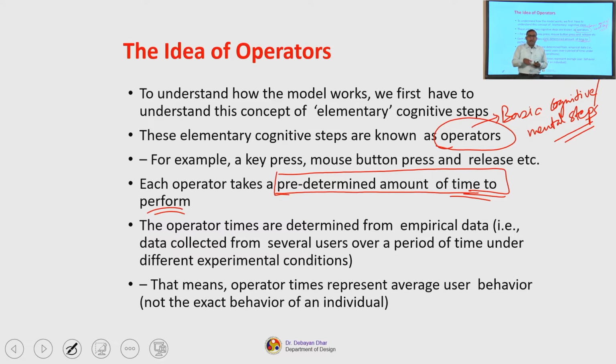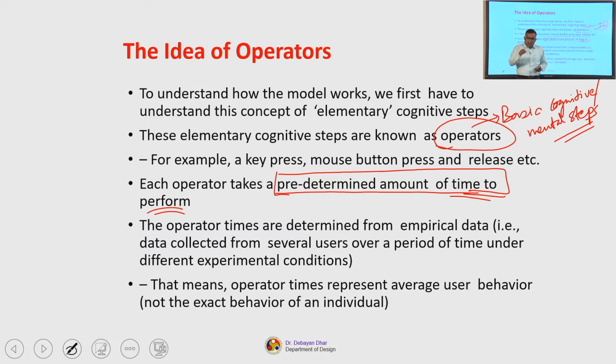So, you can ask how these operator times have been determined. Pressing a key, releasing a mouse button and then pressing a button, moving the cursor from point A to point B, hovering on a particular thing. All these are considered as basic cognitive or mental steps, and for each of these steps there is a time component associated with it.